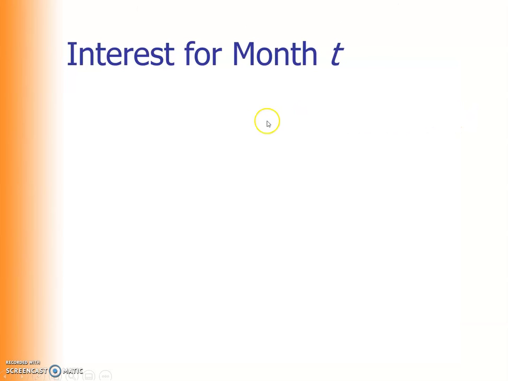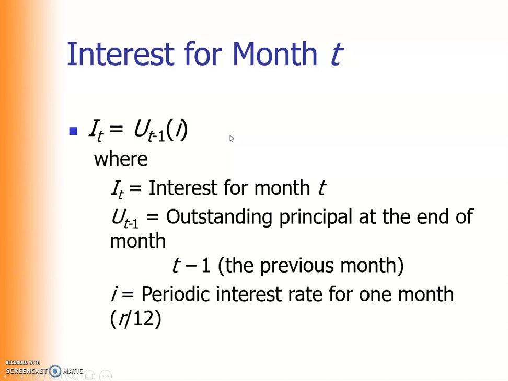Next, if we want to calculate the interest for some given month, we can use these formulas. For example, I sub t is equal to u sub t times the interest.